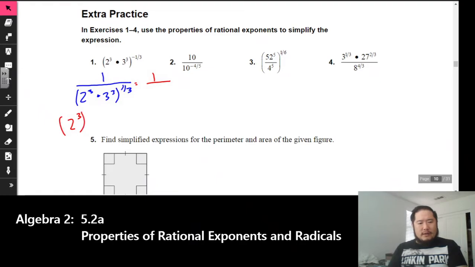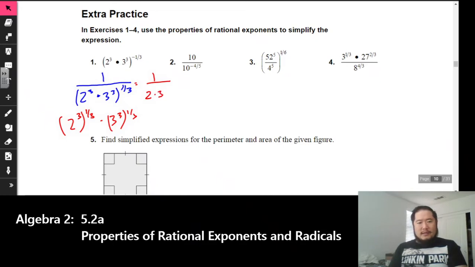This actually, if I were to split things apart, it looks a little something like this. So when I take 2 to the 1/3 power, that ends up being 1, right? 3's cancel, so I'm left with 2 right there. And then 3 raised to the 1/3 power, that ends up actually being, once again, 1. So I got 2 times 3.